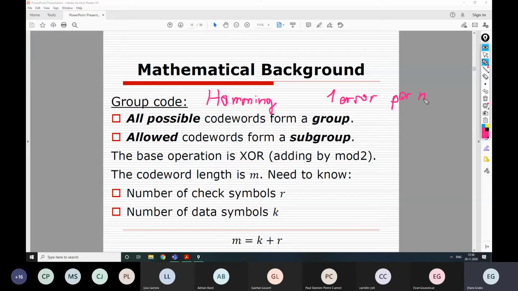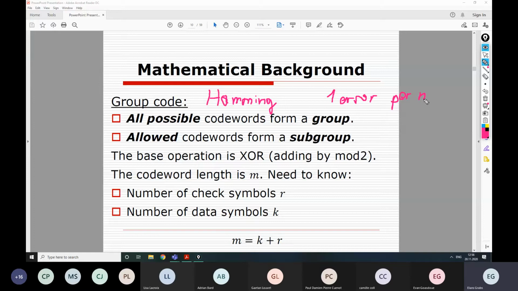For example, I'm having m equal to 7, and I need to know how many of these 7 symbols will contain data and how many symbols will contain check symbols, correction symbols, yes? Let's talk about this, and then we will be able to actually calculate these correction symbols.